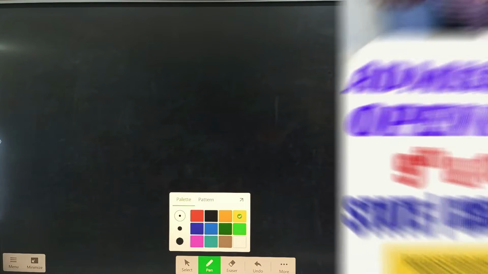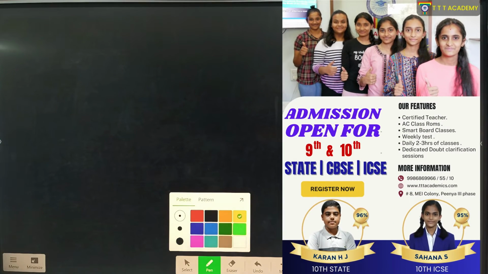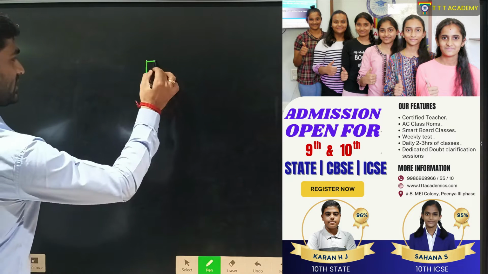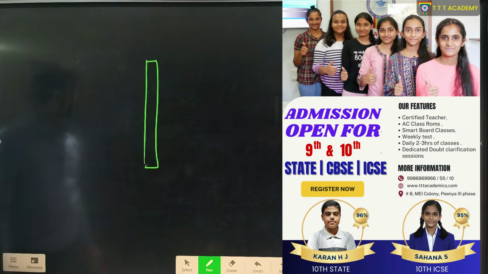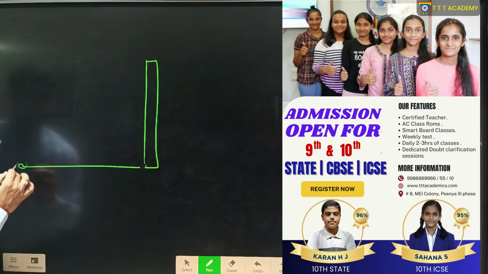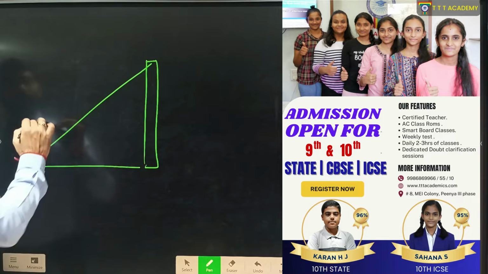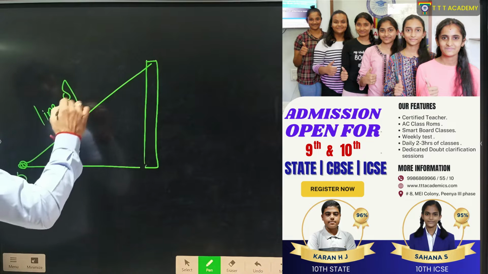Now very importantly, you should understand two things here. The first is angle of elevation and angle of depression. Suppose you are going to consider this a building or a tower, from the specific point P, this I am going to call the line of sight.